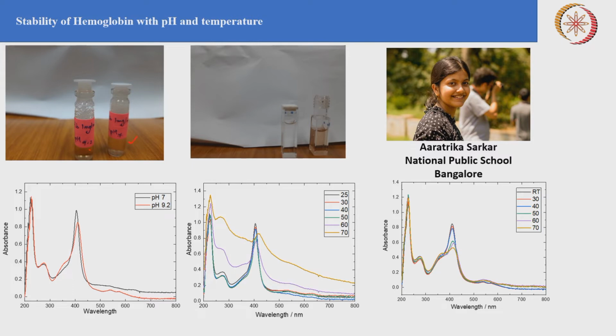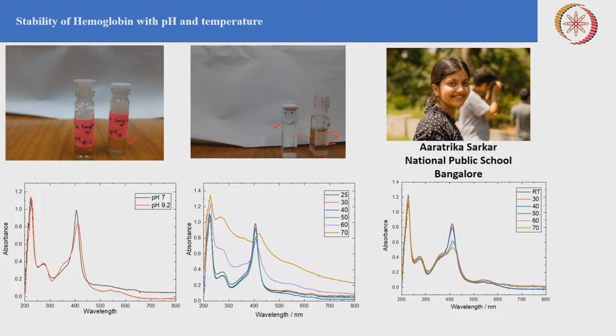She made two samples, one at pH 9.2 and the other at pH 7. You can see there are two cuvettes, one for the reference spectra and the other for your sample. In the reference there is the blank solution, so first you take your blank, and after that you take your protein sample.